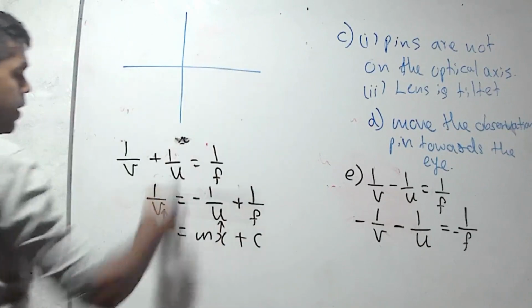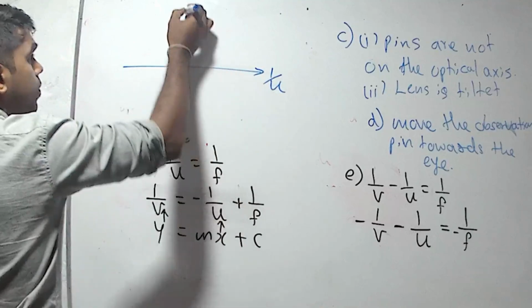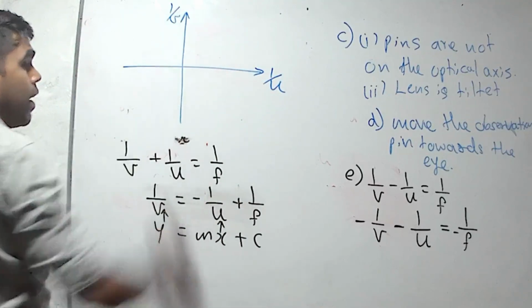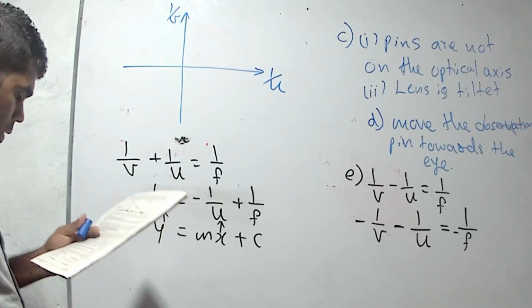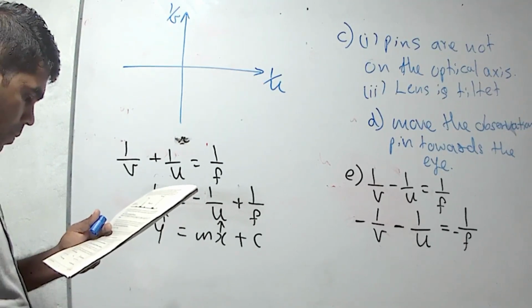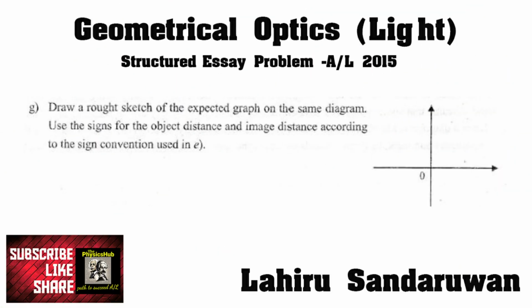We have to take 1 over U as the x value, 1 over V as the y value. Then part G, draw a rough sketch of the expected graph on the same diagram.